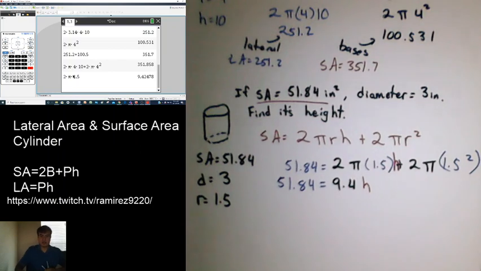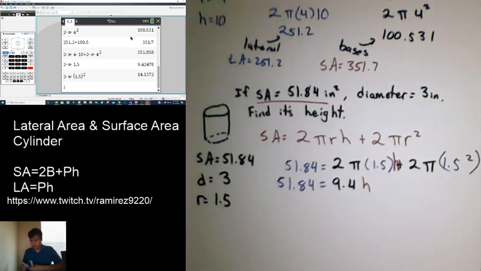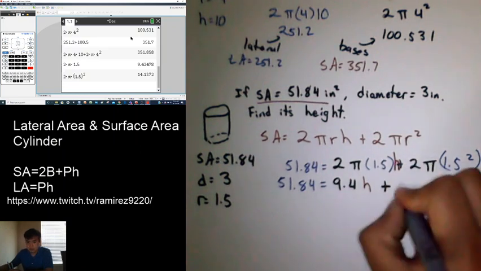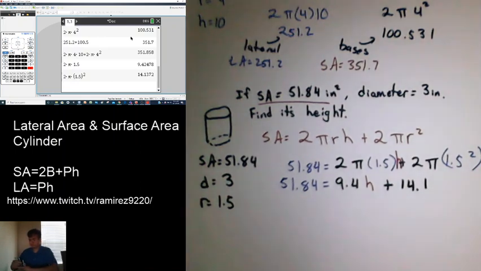Let's find out what this other part becomes. 2 times pi times 1.5 squared. So this part became 14.1, so plus 14.1, and we're just solving for h.